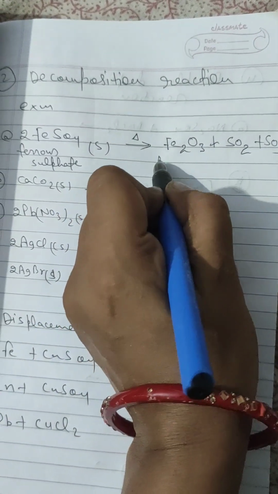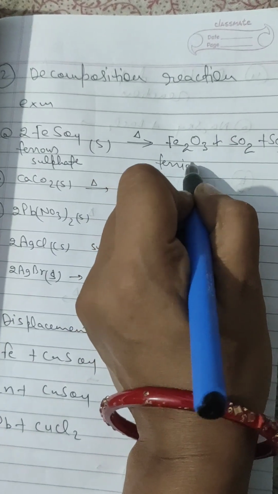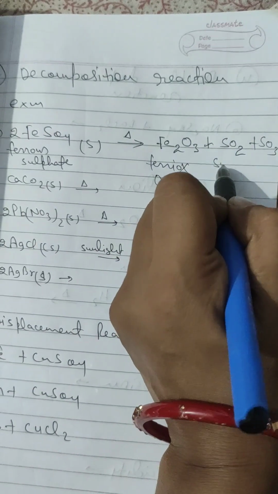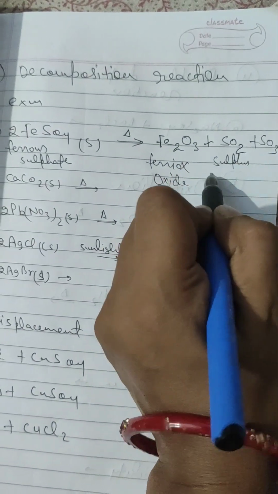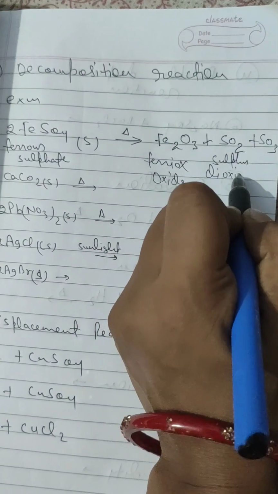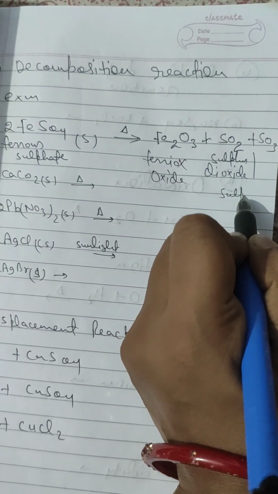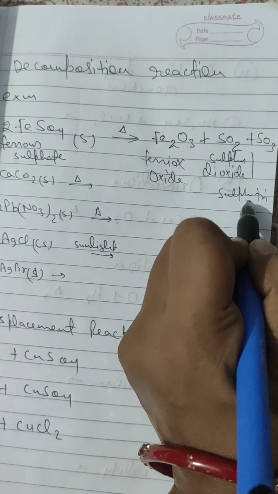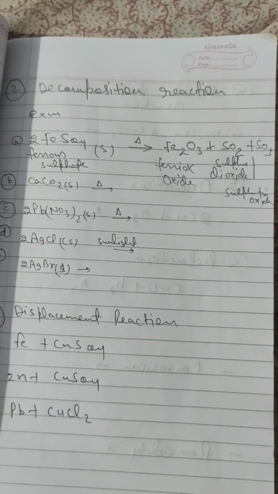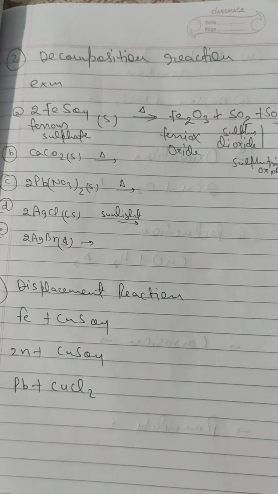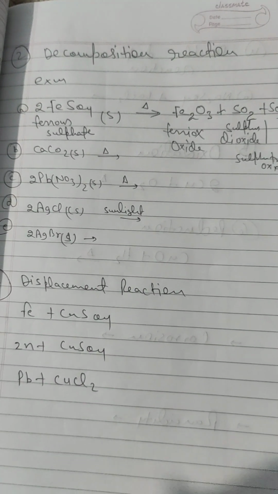Ferric oxide, sulfur dioxide, sulfur trioxide will be formed in this reaction. So you have to practice the reactions, and after that you will be good at them.